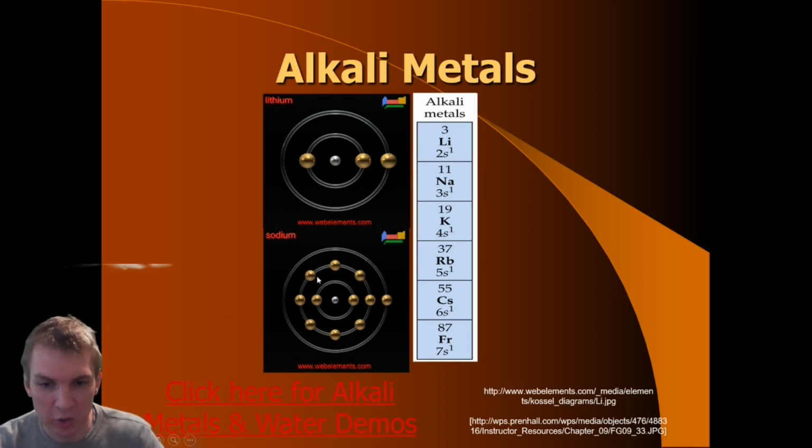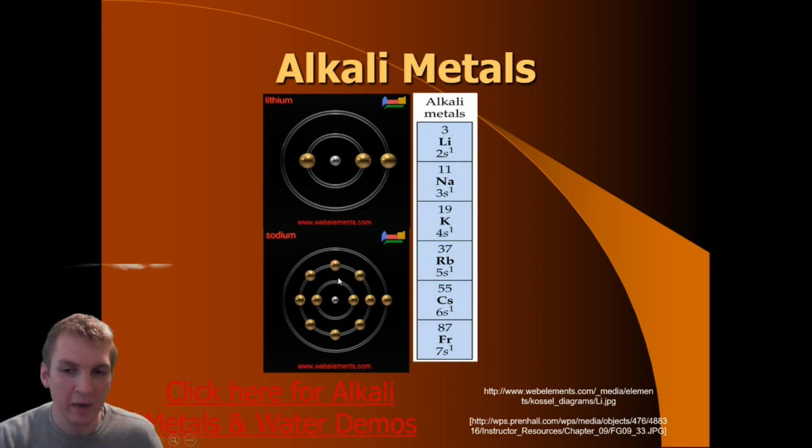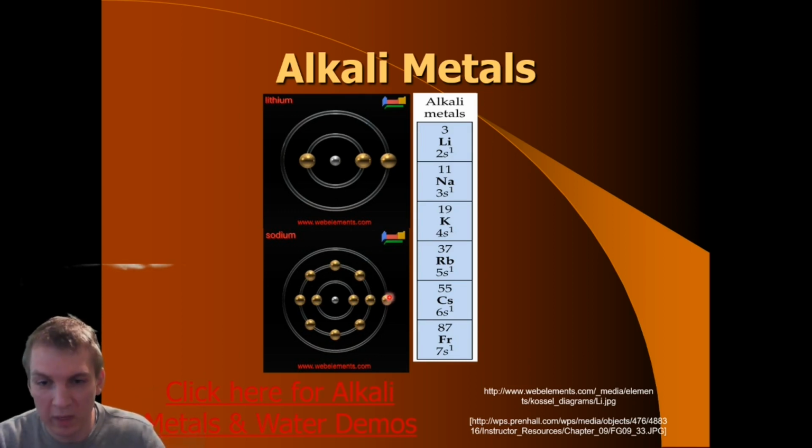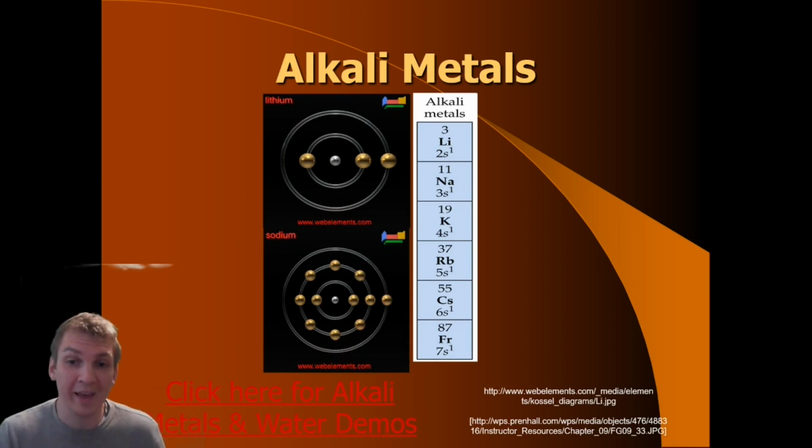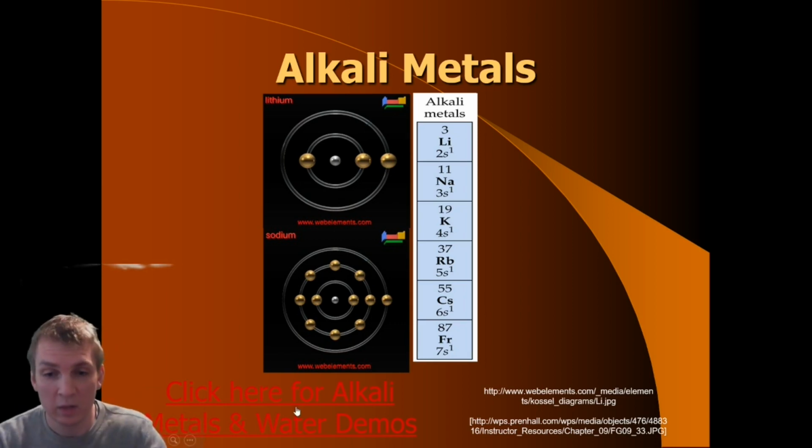So let's take a look at sodium really quick. Sodium wants to have a full ring on the outside so that it can be a stable atom, but it has this one floating electron. So it's very much willing to donate that electron to another thing. When we start talking about reactions next unit, sodium can donate that electron so that it has a full ring on the outside.